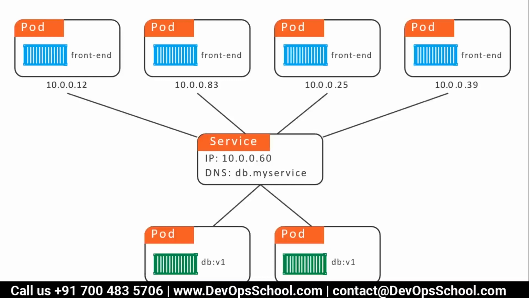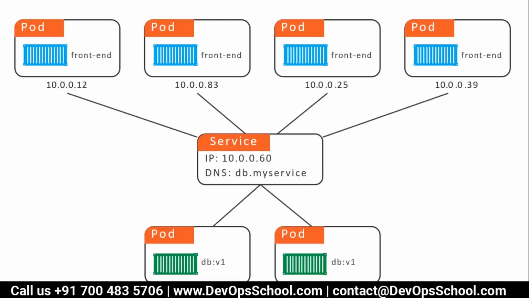Yes, it's free. In AWS, if you create a load balancer, you have to pay for it, $1, I think, per day or something like that. But here it's free. So this service has a unique IP address which never ever changes.